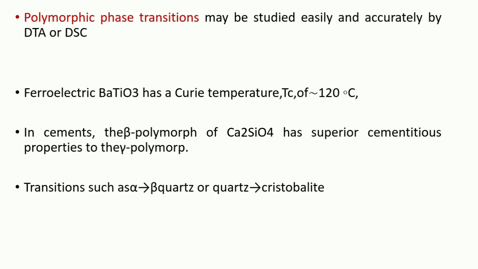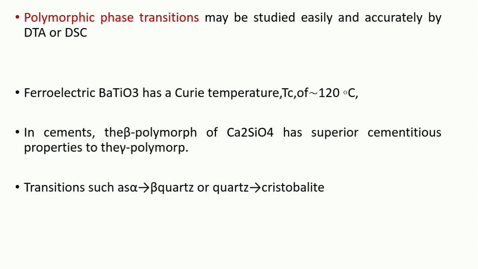Substitution of other ions for barium or titanium causes the Curie temperature to change. For many substitutions, Curie temperature Tc may vary by tens, if not hundreds, of degrees, and therefore measurements of Curie temperature can be an accurate indicator of composition.